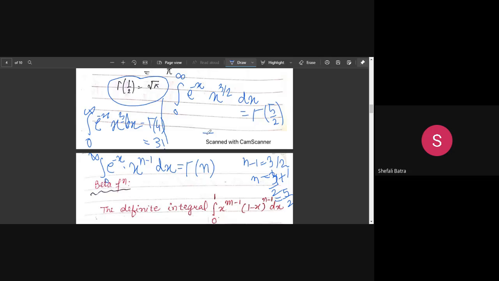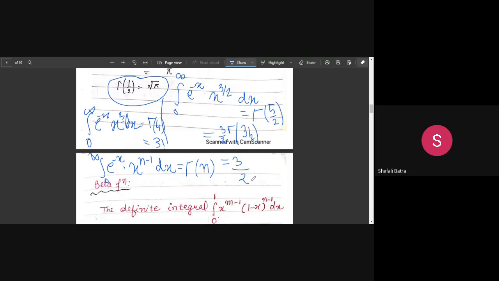So you'll be using the reduction formula: 5 by 2 minus 1. So that would be 3 by 2 into gamma 3 by 2. Right? And now gamma 3 by 2 is equal to 3 by 2.